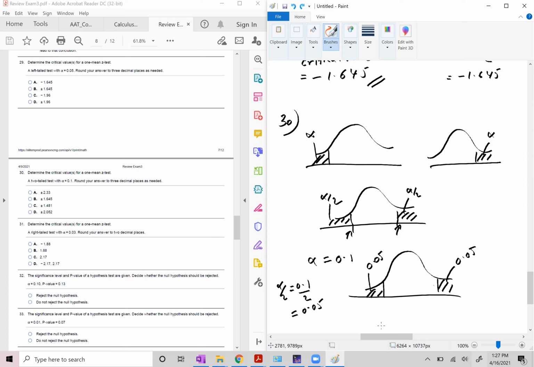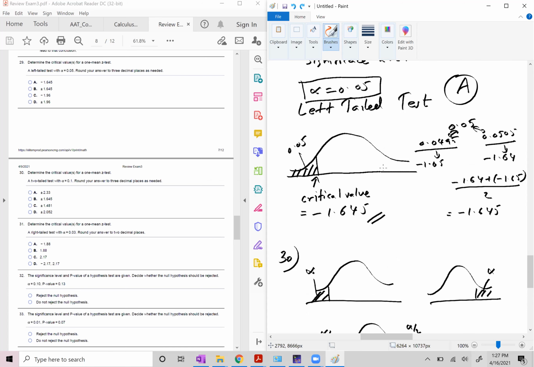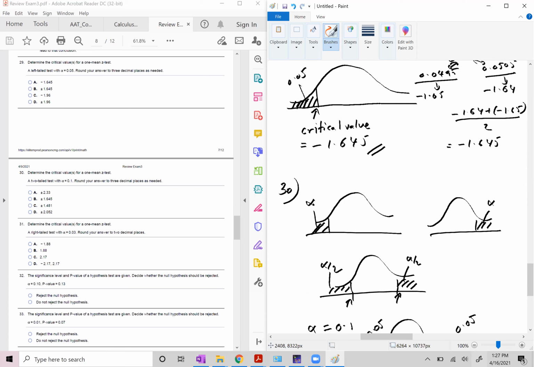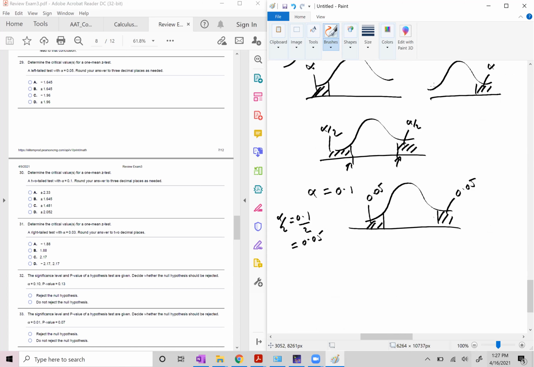Since I have the value previously calculated, when I have 0.05 towards the left, the value here is -1.645. You can use this table and find it.